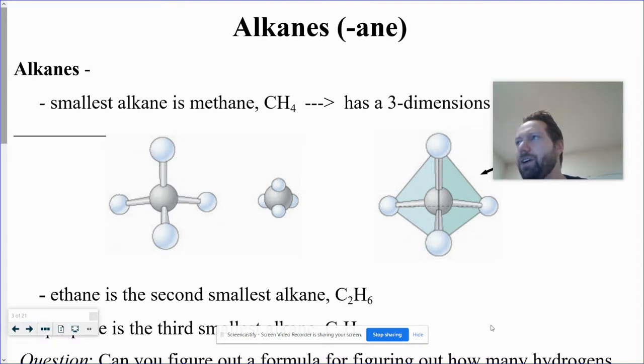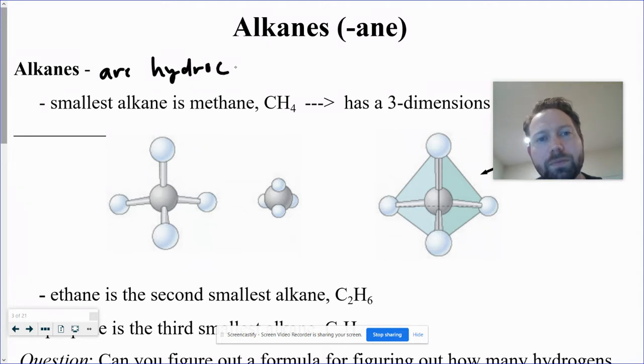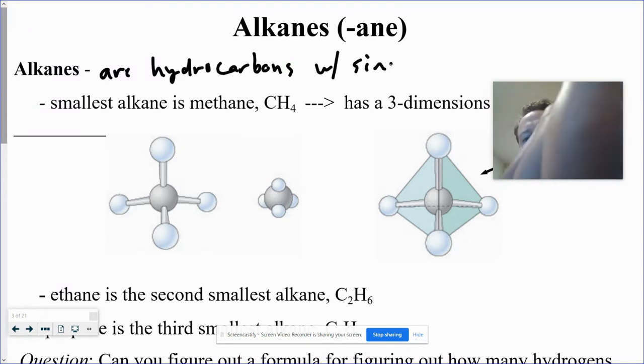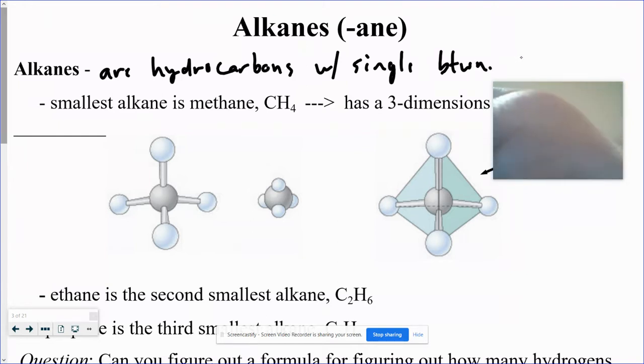So alkanes are a little bit different, or specific rather, for how we draw them and what's included in them. Alkanes are a particular kind of hydrocarbon, and they have single bonds between the carbon atoms.